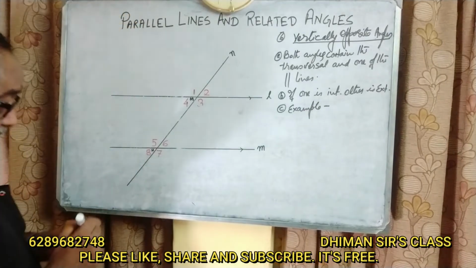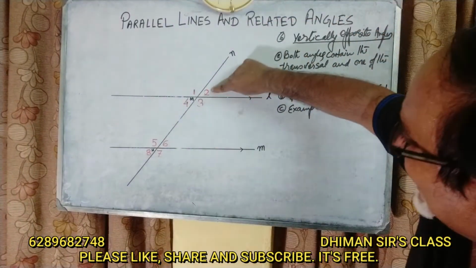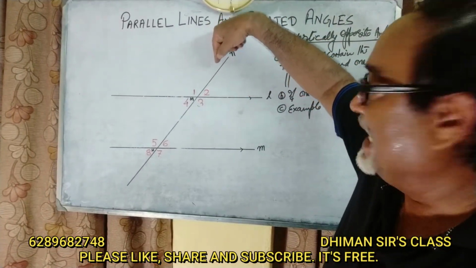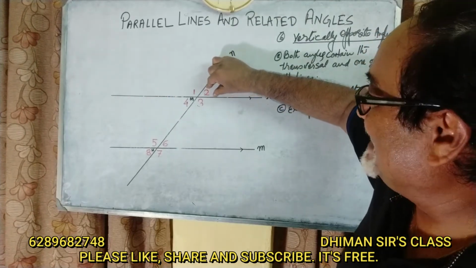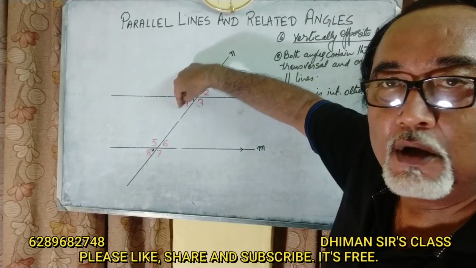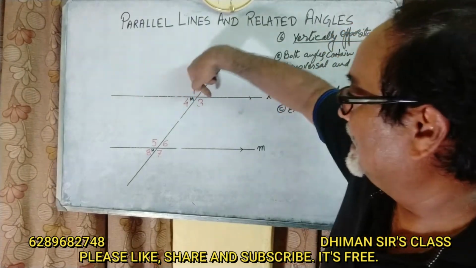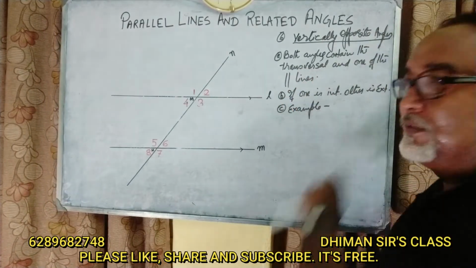Now let us understand the property first. This angle contains the transversal as well as this line. Same for 4: it contains the transversal and the same parallel line. Both angles contain the transversal and one of the parallel lines.